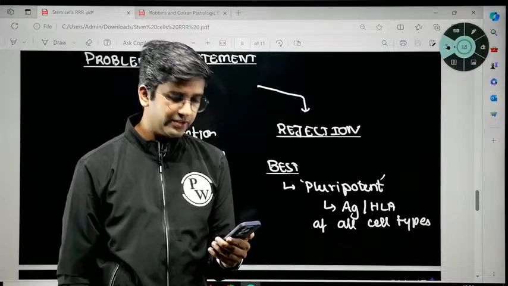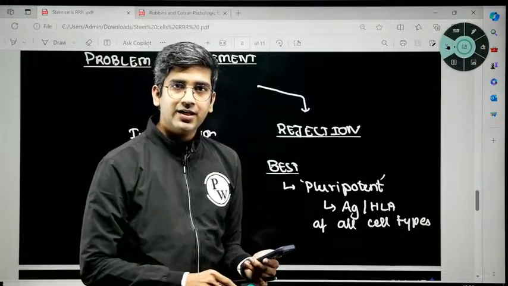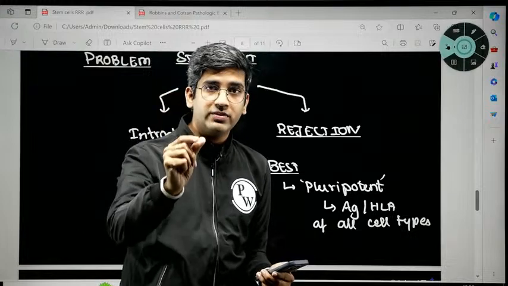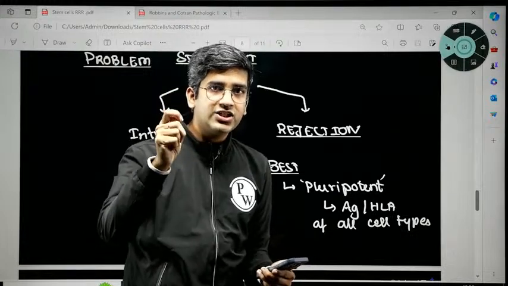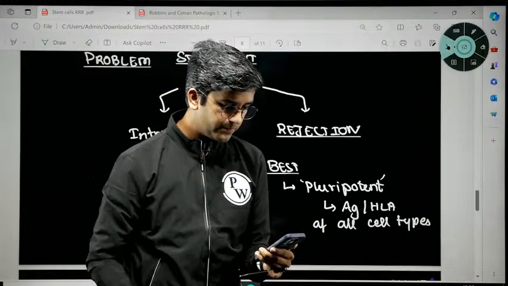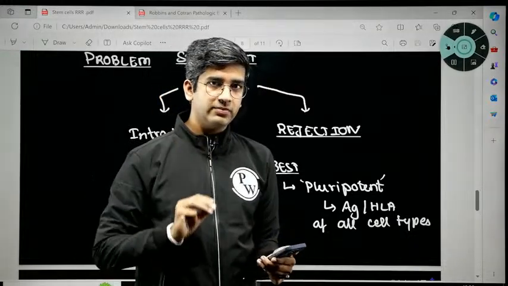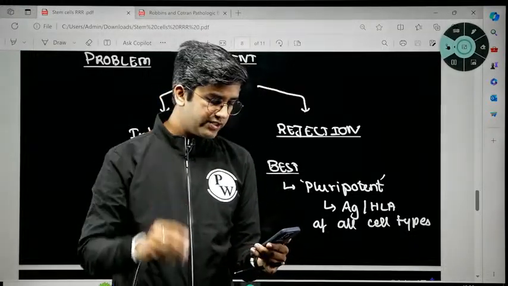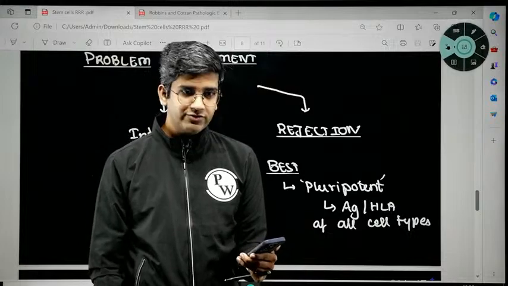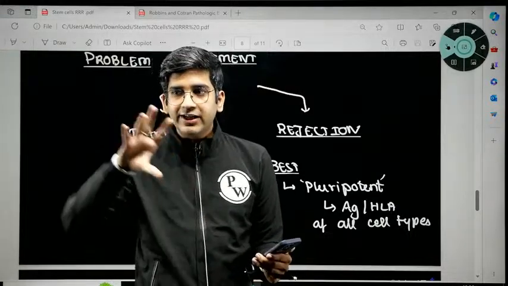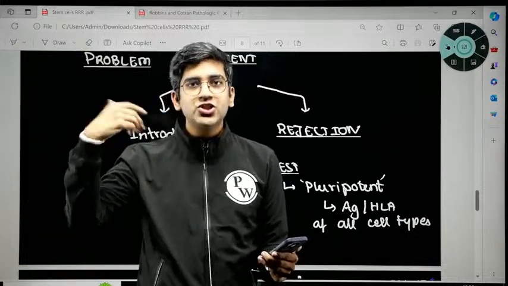So can I say, if a cell has the capacity to give all three germ layers, it will have the antigen or HLA complex of all three? It should have. That's my problem. It can divide into anything, which means it will have the antigen of everything.